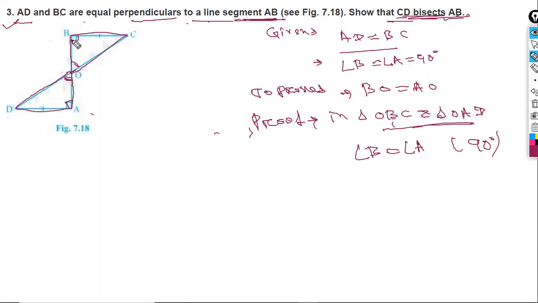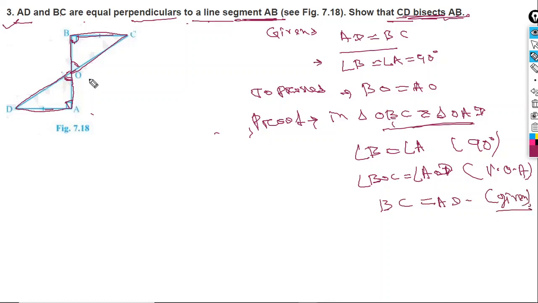So you can write angle BOC equals angle AOD, by vertically opposite angles. Now two angles are equal, and if one side is equal, then the two triangles will be congruent. It is given that BC equals AD. Why? Given.